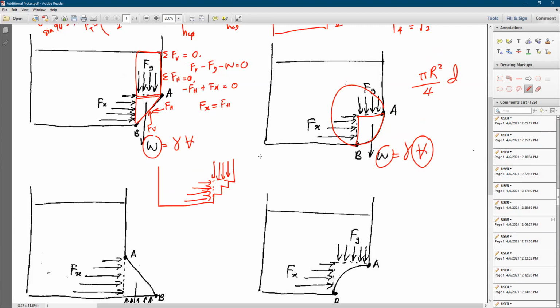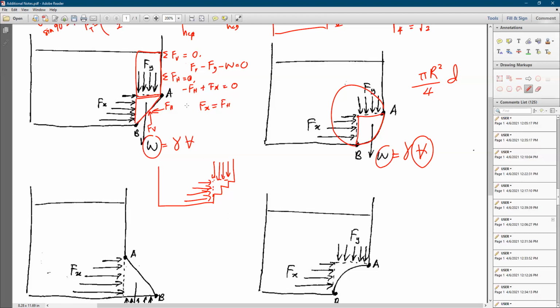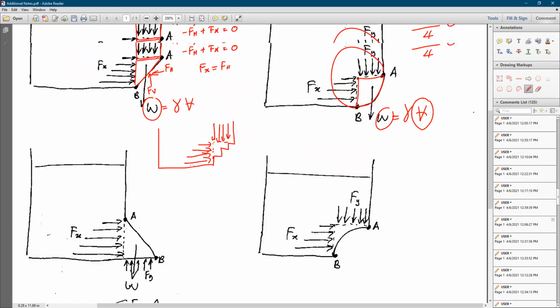Now, between these two up here, compare with this part down here. Oh, sorry. Between this one and this one.